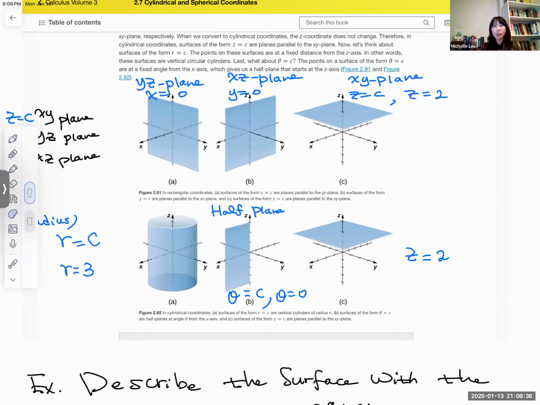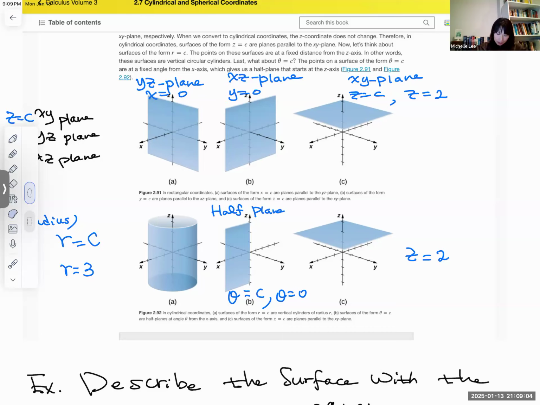So YZ plane, X equal to 0 or X equal to some number, moving this way. XZ plane, Y equal to 0, so moving this away, Y equal to some number. XY plane, Z equal to 0 or Z equal to some number, moving up and down.